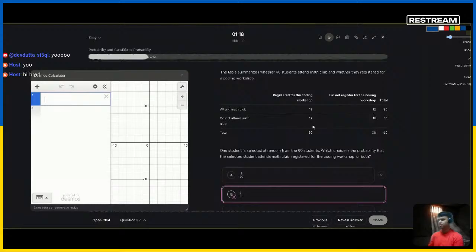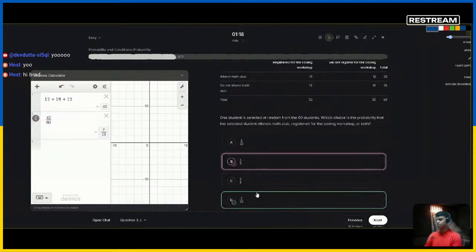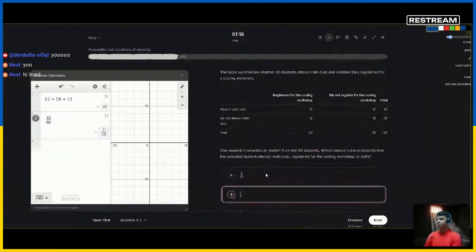So 12 plus 18 plus 12 is 42. So 42 divided by 60 gives us 0.7. Oh my goodness, I'm so bad.